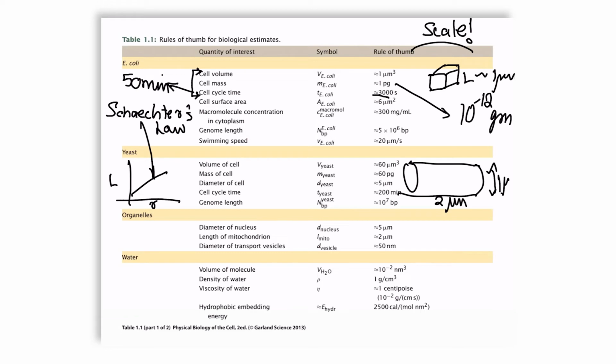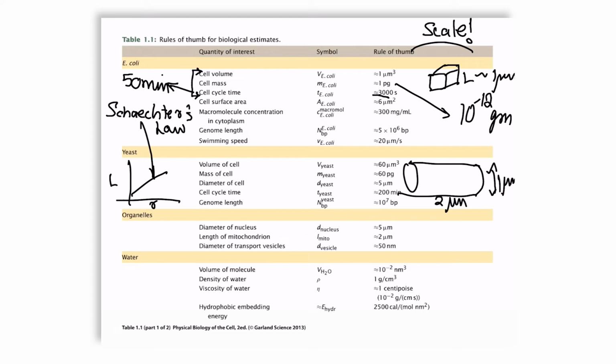For the cylindrical part, we have pi r square h, which if I take my calculator is pi into 0.5 micron square into 2 microns, which is 1.57, about 1.6 micron square.